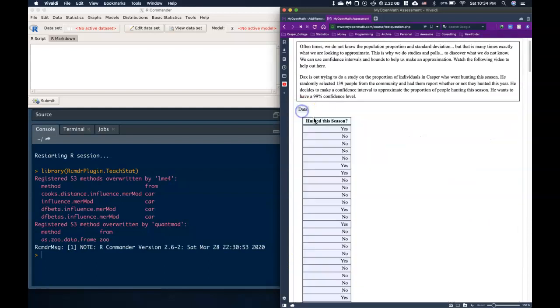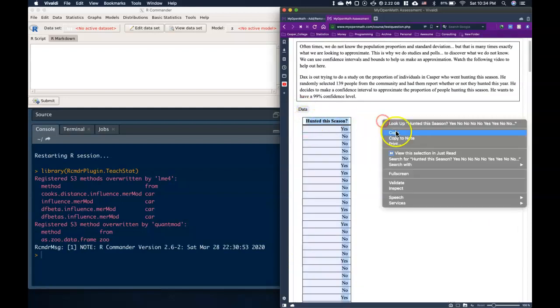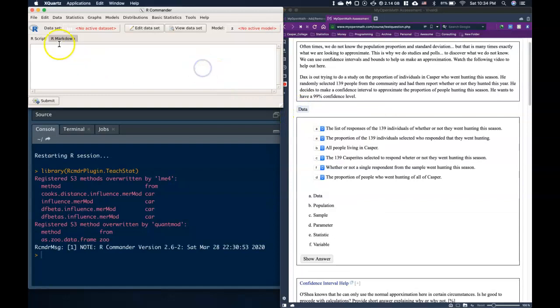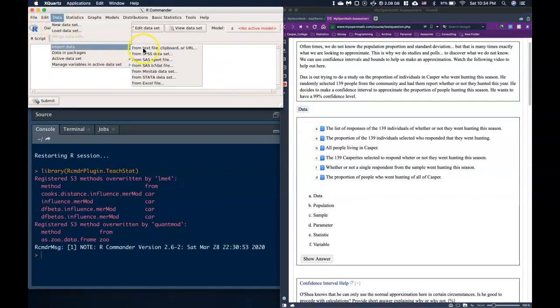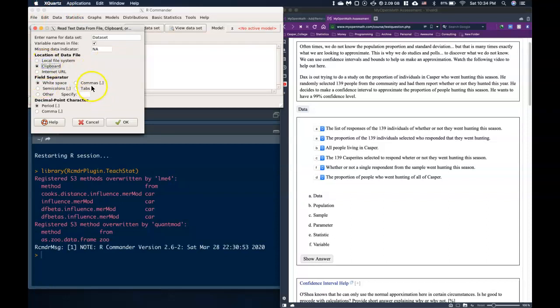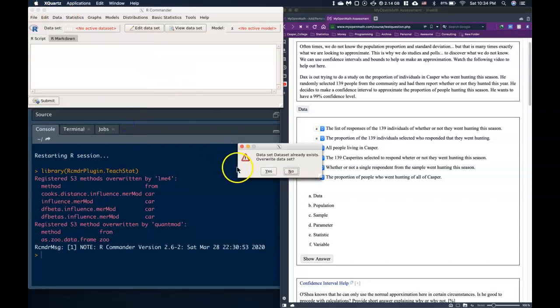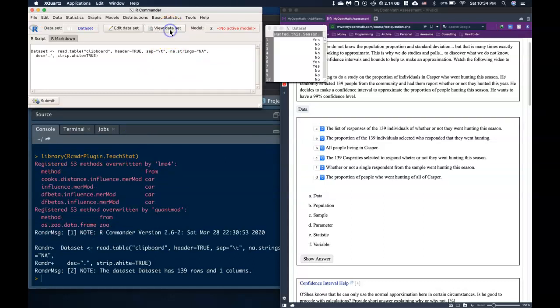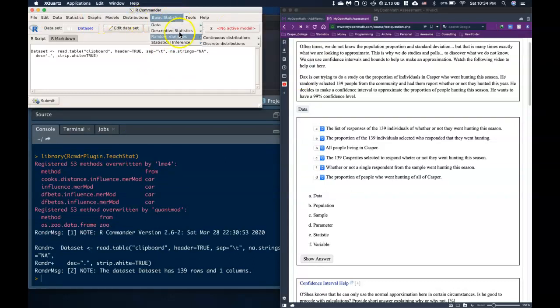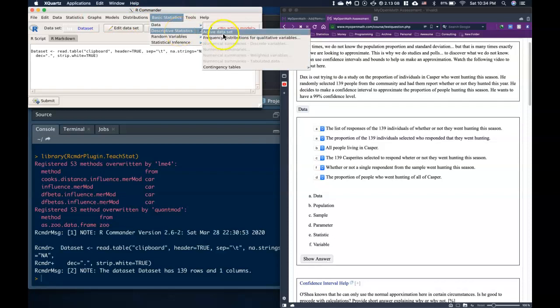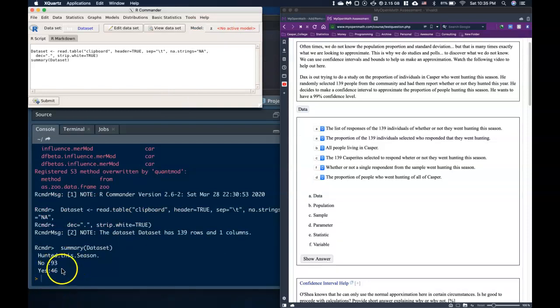Let's see if that's true. Let's grab this data and copy it and paste it into our data set. We can click on view it and we have hunting this season, and let's get a descriptive statistic for our active data set, and we've got 93 and 46.